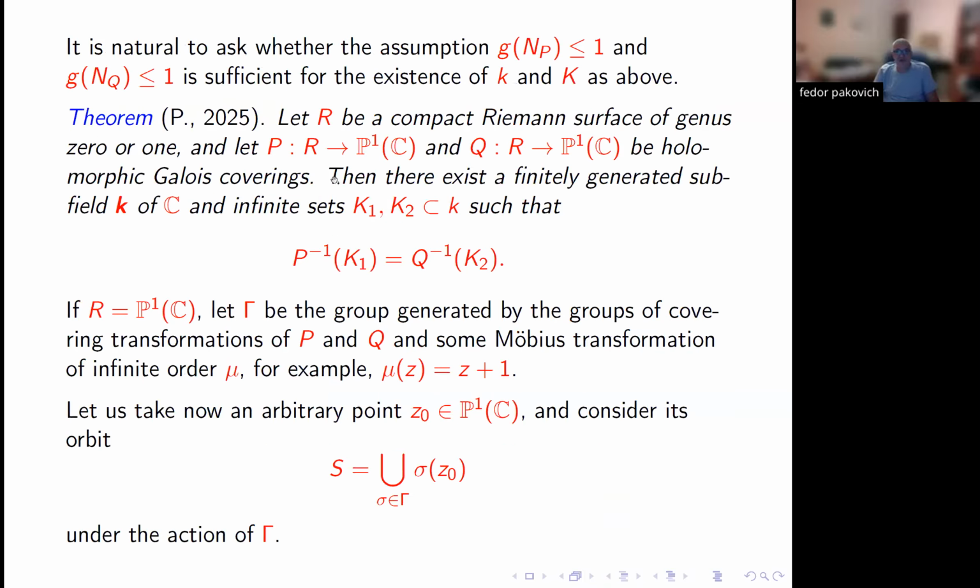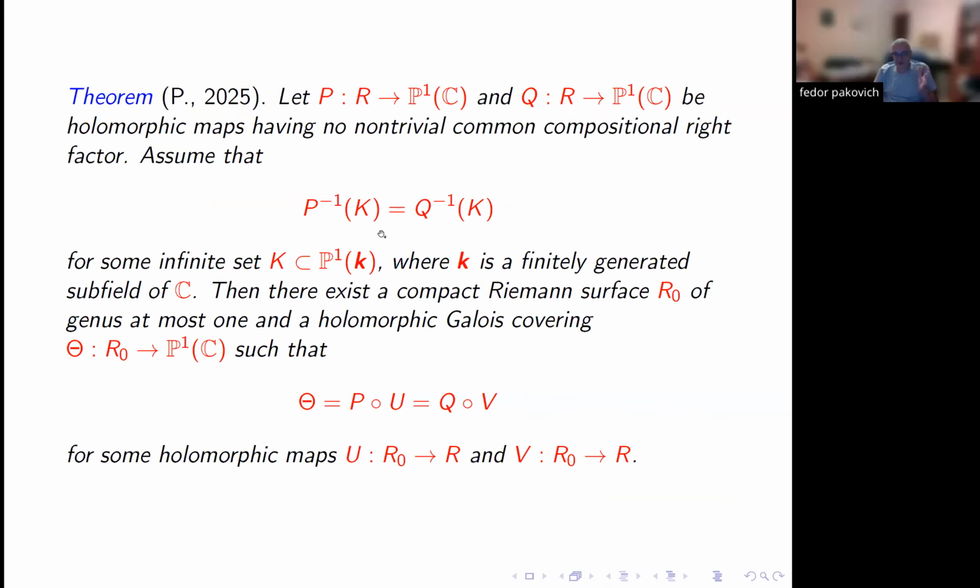So now, if you have preimages of the same set which are the same, again you can find a holomorphic Galois covering defined on a compact Riemann surface of genus at most 1. But now both P and Q should be a left factor of this Galois covering.